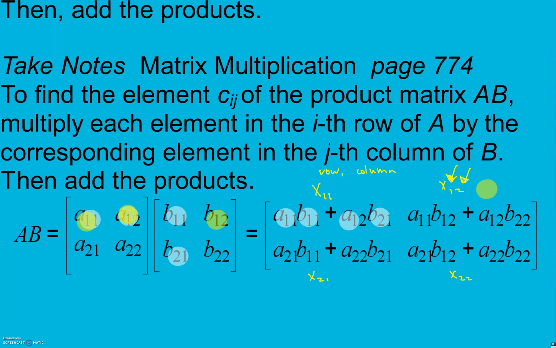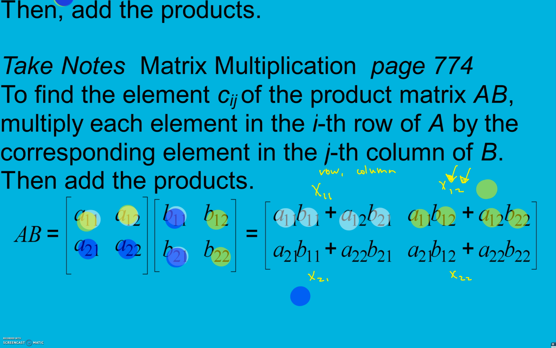Then I take the second number in the first row times the second column. Same idea down here. This is the second row, first column. So I have to take everything in those rows. First thing in the second row times the first thing in the first column. Second thing in the second row times second thing in the first column.